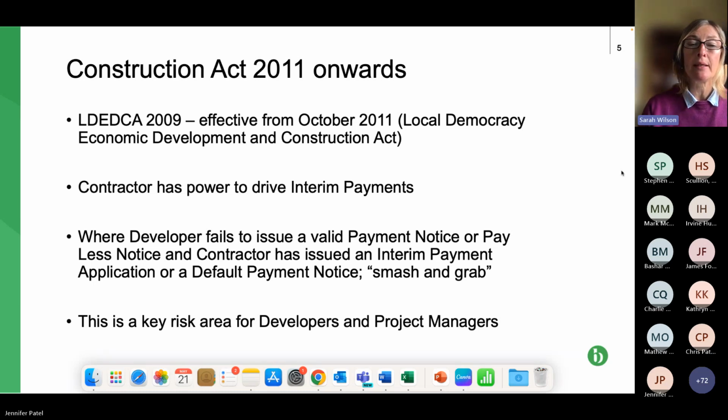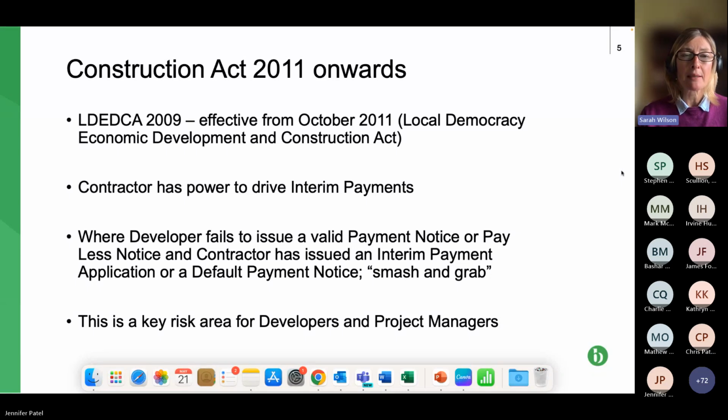So hopefully you can see that this is a risk area for the paying party, so developers, but also project managers and contract administrators, because typically they're the people who submit these payment notices and pay less notices. So they go on holiday, they forget to submit them, quite often they're the ones who are going to have to give the bad news to their client, the developer, to say, actually I missed the deadline, not served the notice, and therefore there's a smash and grab adjudication just being started.